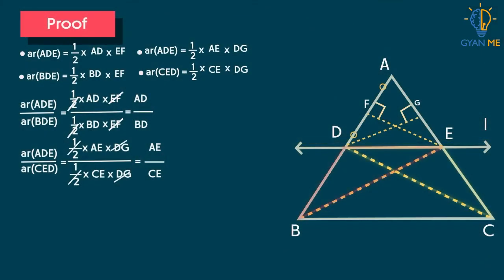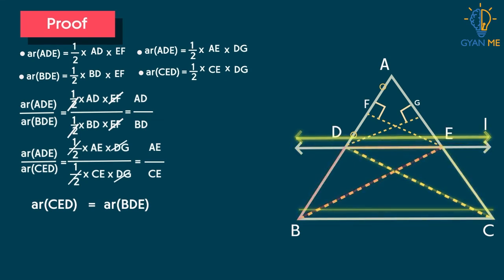This we have studied in our previous classes. So we can say that here area of triangle CED is equal to area of triangle BDE, as they are triangles with the same base DE and between two parallel lines. Now replace BDE with CED and observe that both the equations become the same.